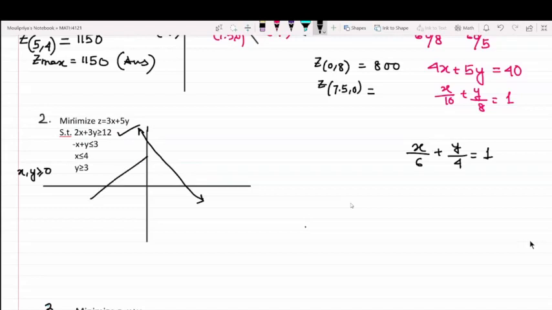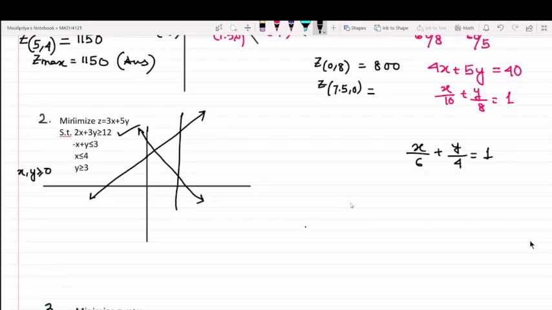That implies this one is another line. Then you have y equal to 3. Y equal to 3 implies this is the line y equal to 3. The line is not straight, please pardon me. And what else do you have?